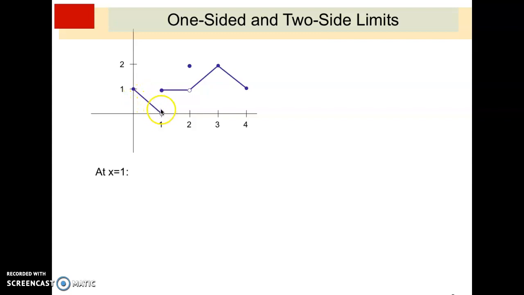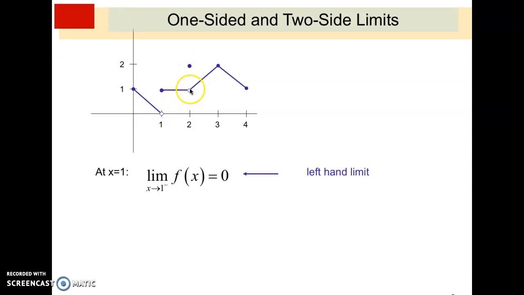My targeting output value is equal to 0, y equals 0, when x gets closer and closer and closer to 1, but never has to reach 1. I'm just targeting what value this is targeting toward. The function is targeting an output of 0. That would be its left-handed limit.